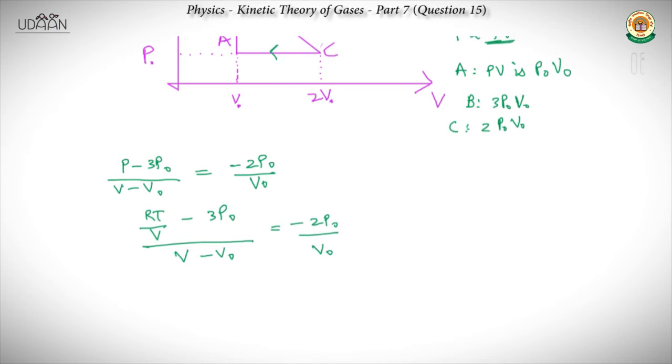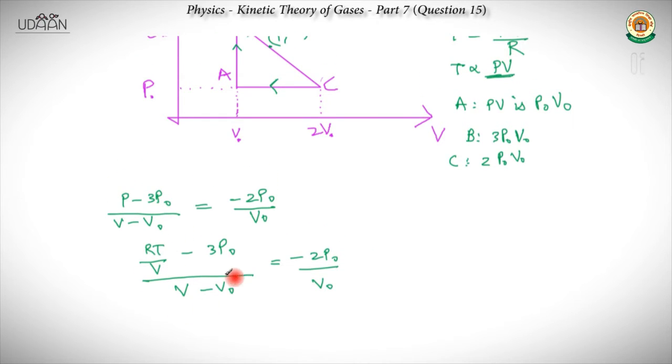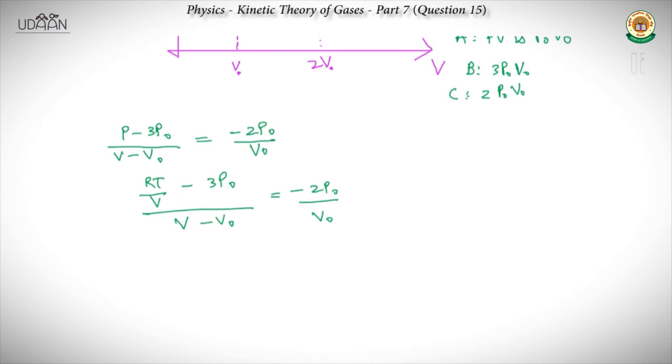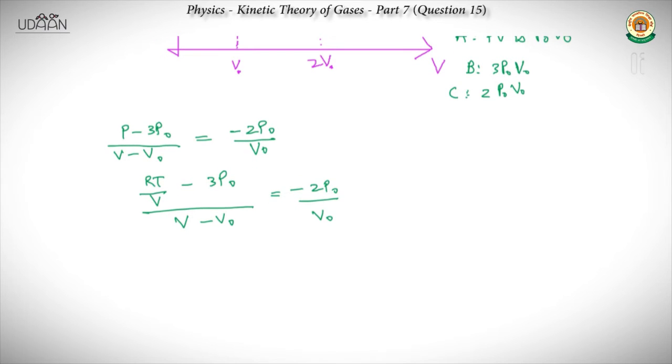Now we have made temperature a function of V itself. So using that we can find the value of V at which temperature may be maximum, with the help of calculus, by the concept of maxima and minima. So we just go about solving it. RT V naught by V minus 3 P naught V naught equals minus 2 P naught V plus 2 P naught V naught.